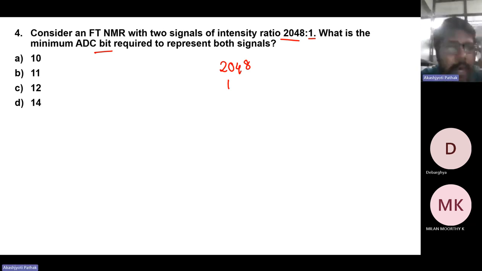So how many bits would be required to store a range of intensity starting from 1 to 2048? Dynamic range is given by 2048 by 1.